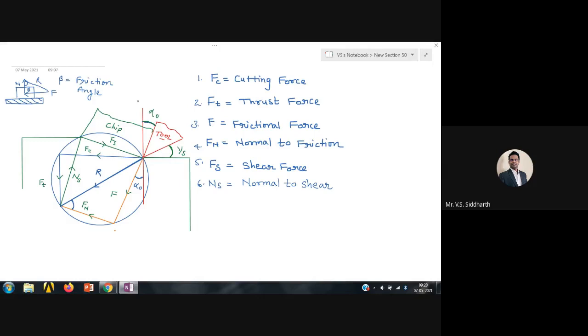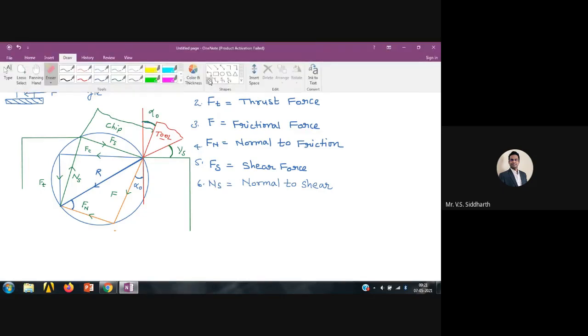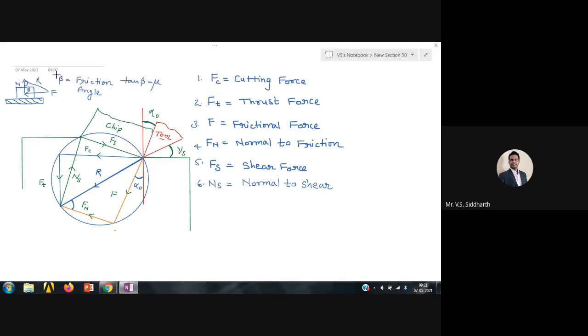Engineering mechanics, coefficient of friction, mu. Tan beta equals mu. All these things you remember or you have forgotten? I hope you all remember it. This you have to remember.